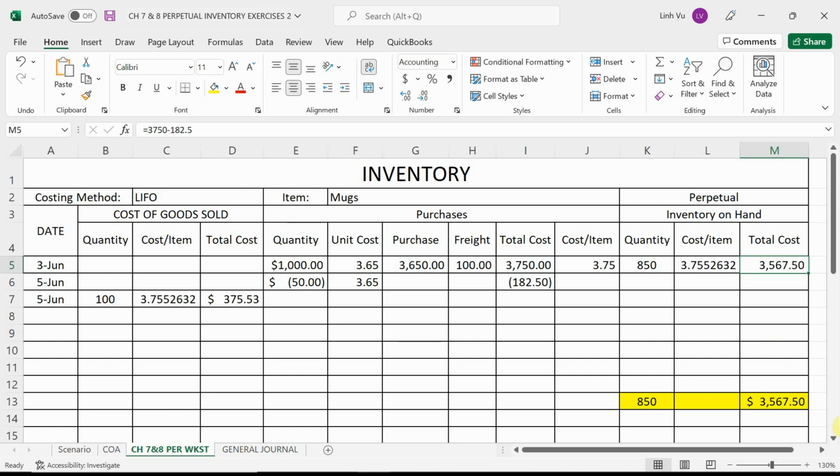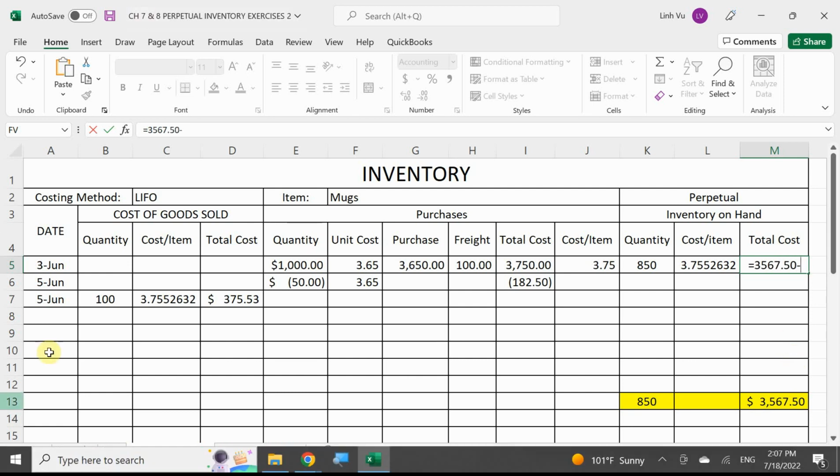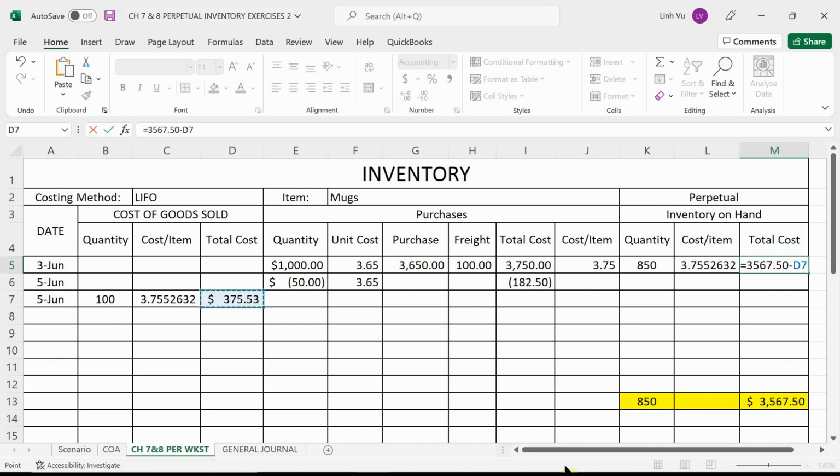That's why I had you type that number in instead of using a cell reference. So I'm at 3,567.50, and I just sold $375.53. What is my new total cost going to be?